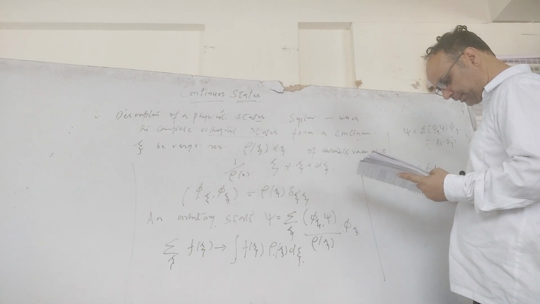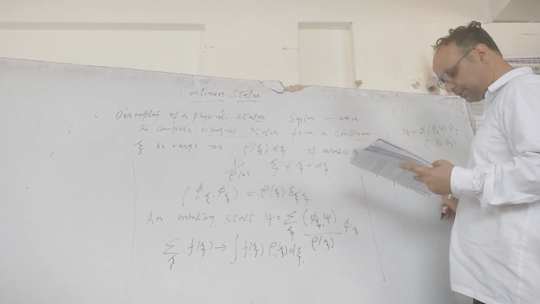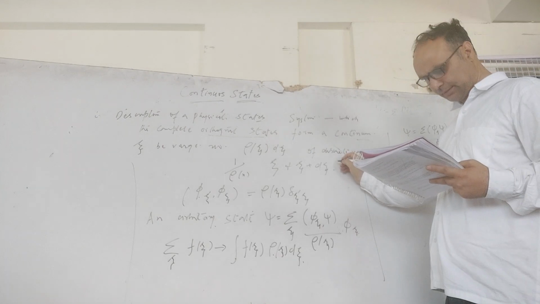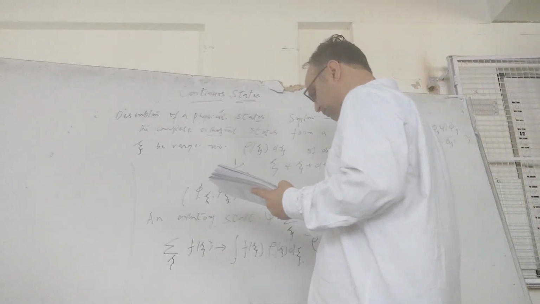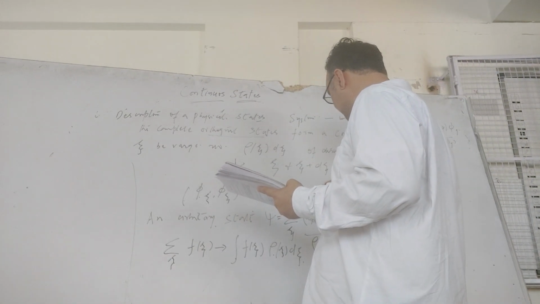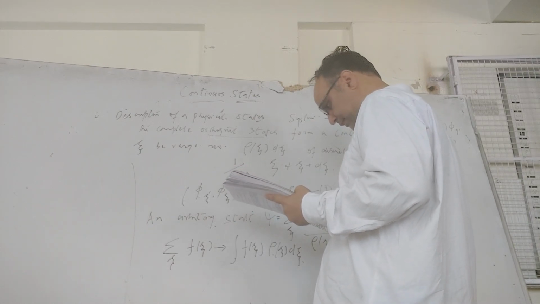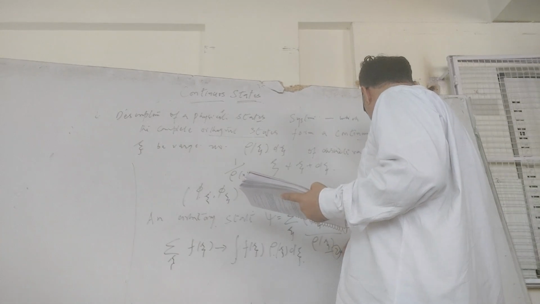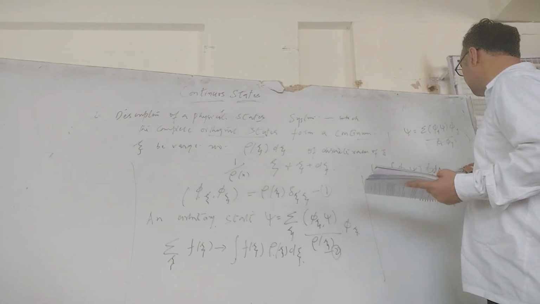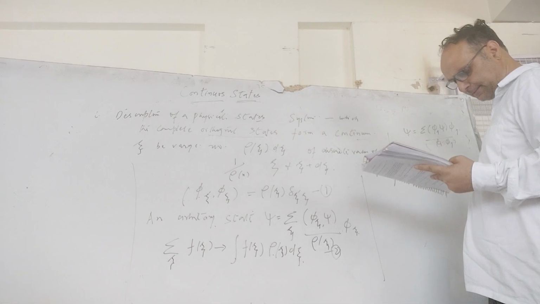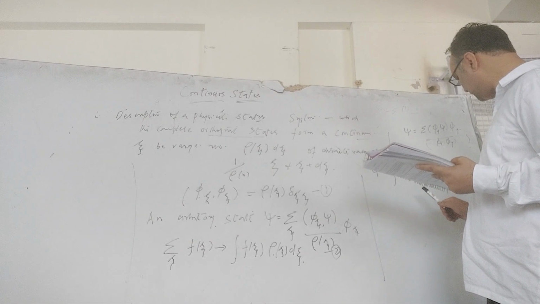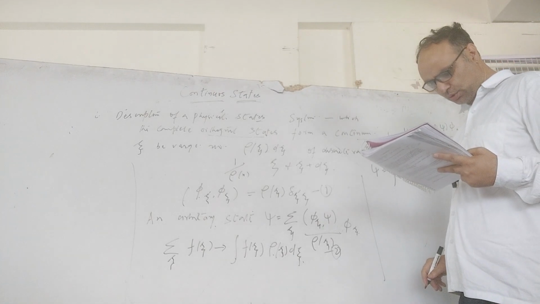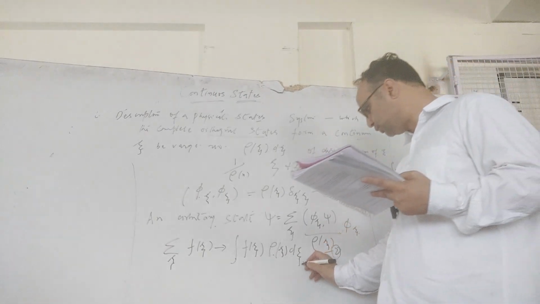If we give numbering to the equations, this can be equation 1, this equation 2, and this equation 3.